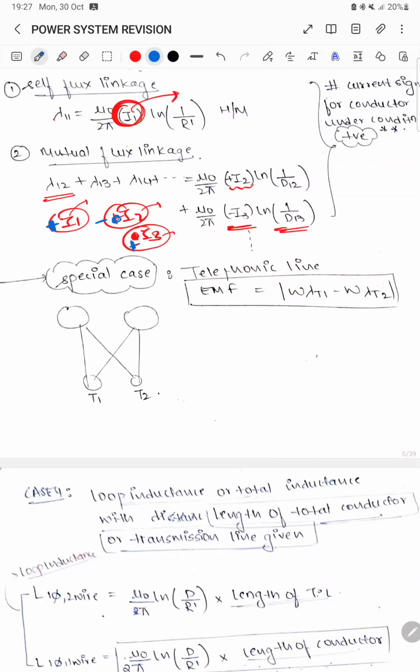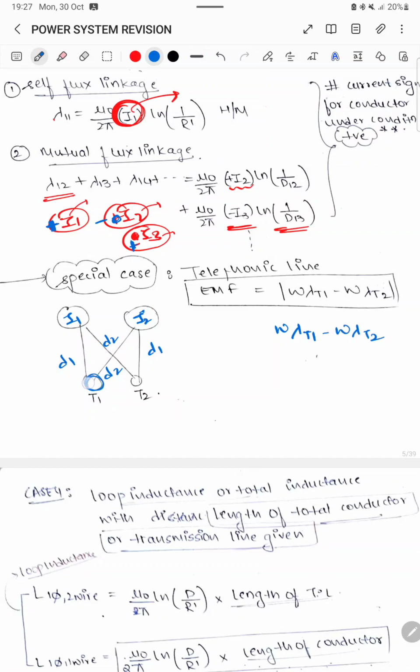Now comes the special case. Usually questions are asked based on the concept of telephonic lines. Let's say there are two conductors carrying I1, I2, and then there will be two telephonic lines, and the distances will be given as D1, D2, and so on, and they will ask you to find out EMF. So EMF is nothing but omega lambda T1 minus omega lambda T2.